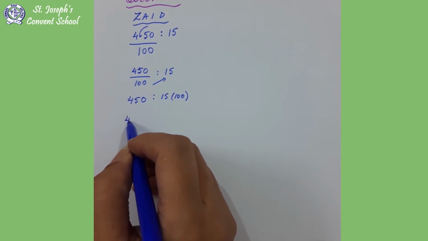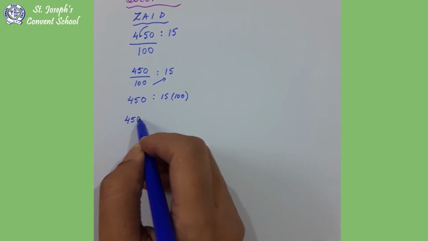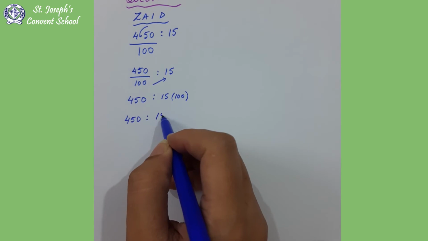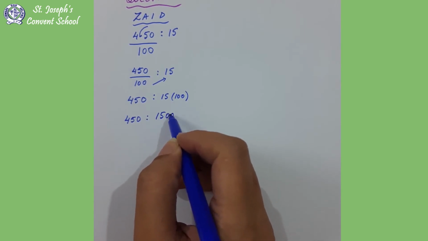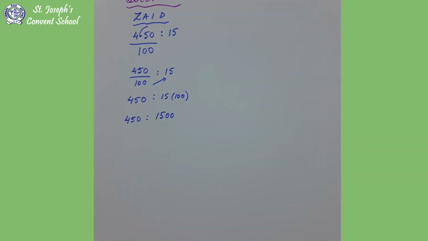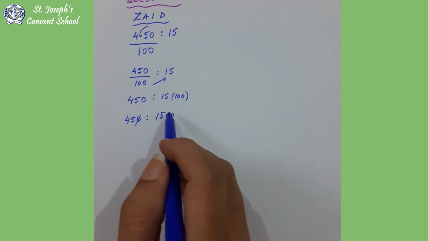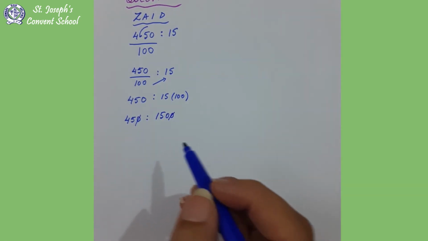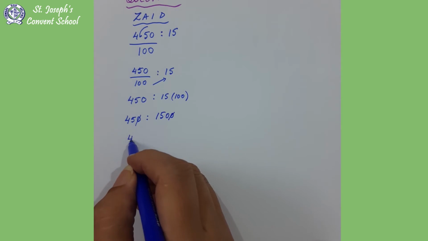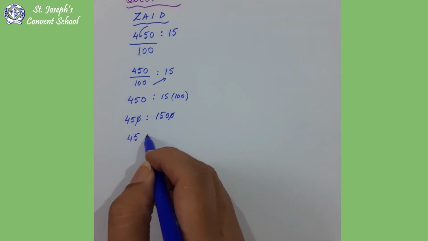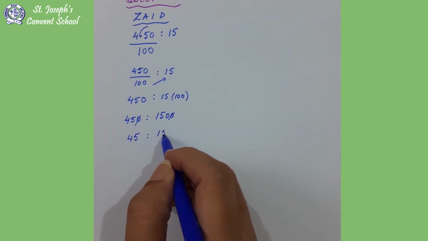So it is 450 is to 1500. Now let's simplify it. This 0 and 0 will get cancelled. Now it is 45 is to 150.